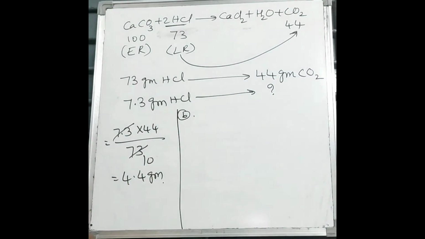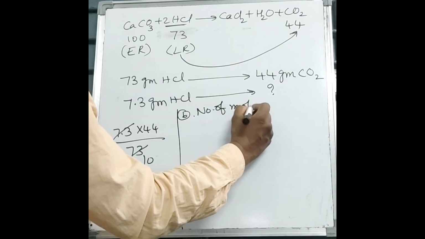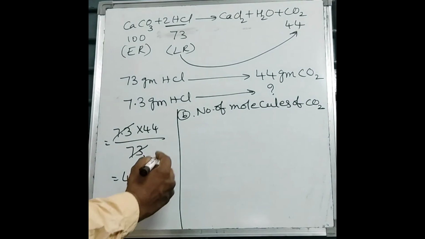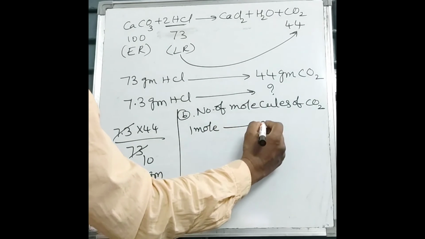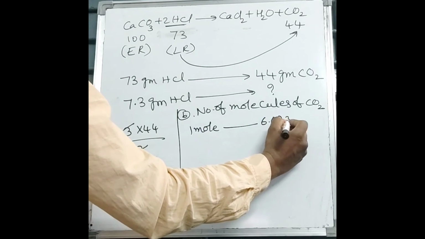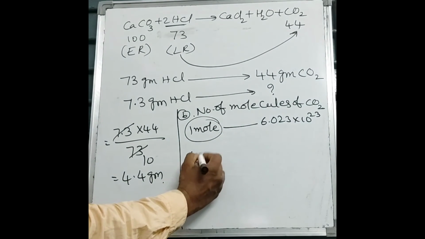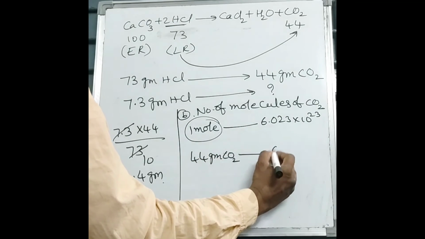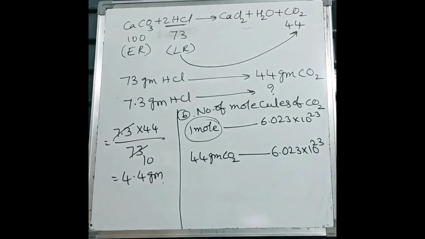Another question is also there in the problem. That question is to find the number of molecules of CO2. We know 1 mole of any gas at STP contains Avogadro number of molecules. 1 mole for carbon dioxide means 44 grams. 44 grams of carbon dioxide contains 6.023 into 10 power 23 molecules.